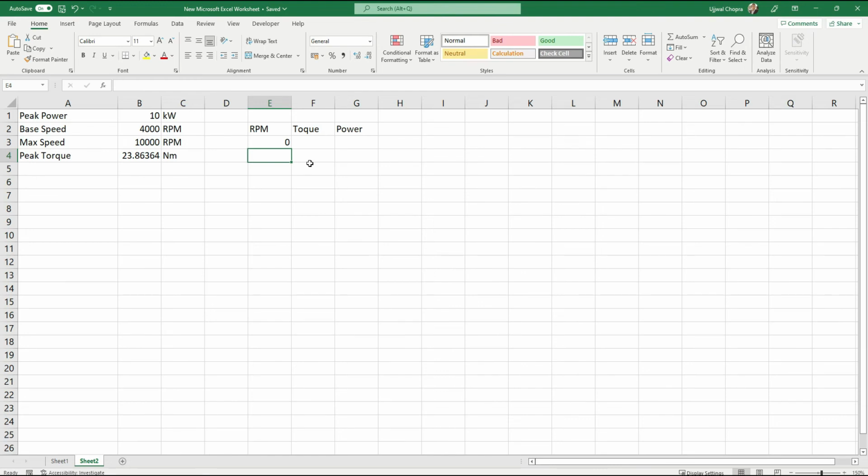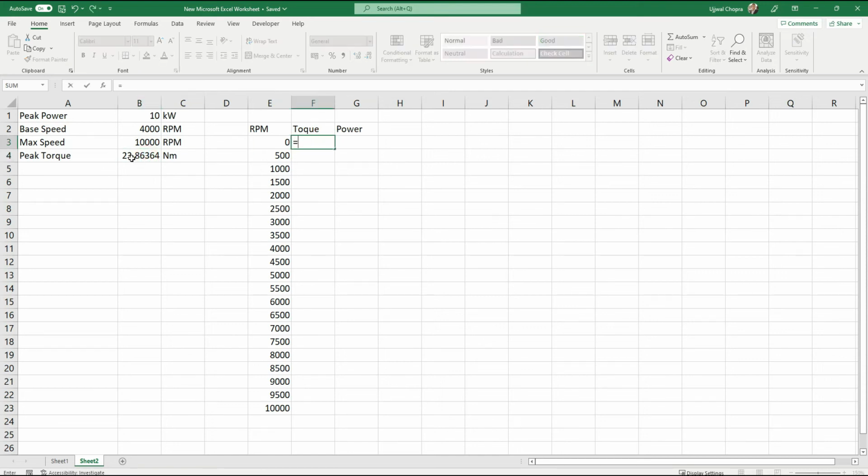Let's enter RPM at an interval of 500. Max RPM is 10,000. Peak torque is 23.86. So I'll point to this value. It remains 23.86 till this base speed, which is 4000.